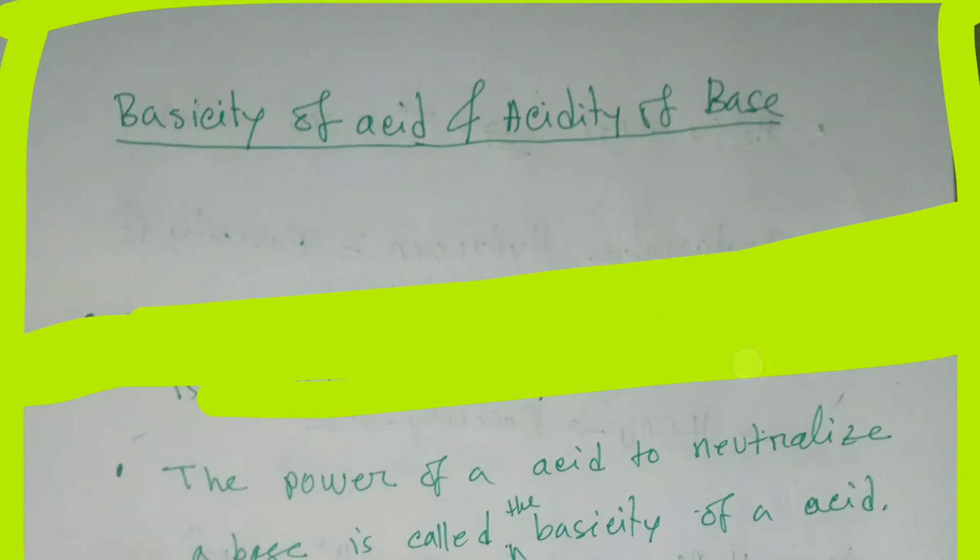Well, let me tell you what is basicity of acid and acidity of base. Just follow these two words. Acid has a basicity, and base has an acidity, like this: basicity of acid and acidity of base.